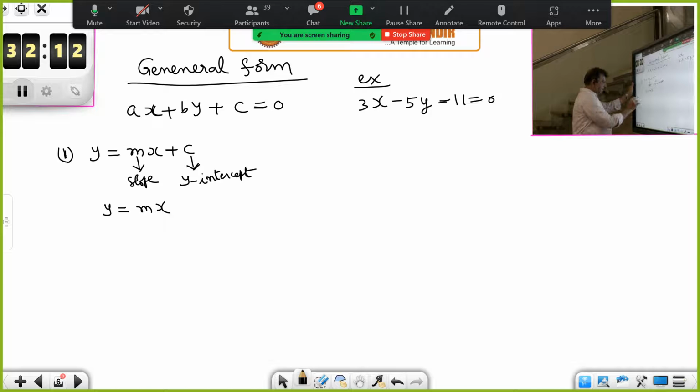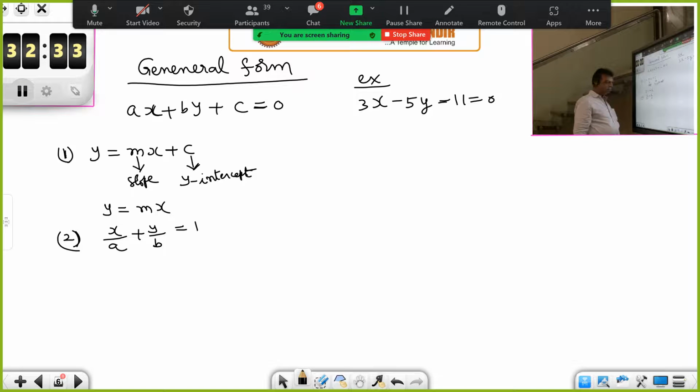Next. What is the intercept form? x by a plus y by b is equal to 1. This line meets the x-axis at what point? A comma 0.